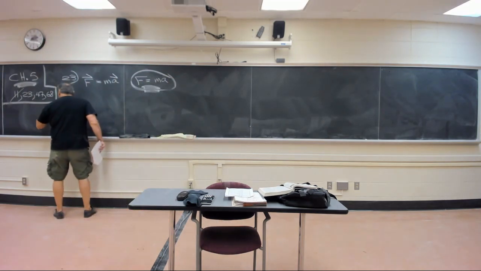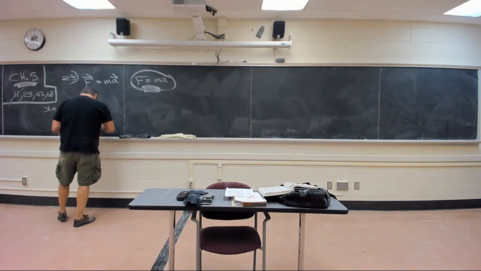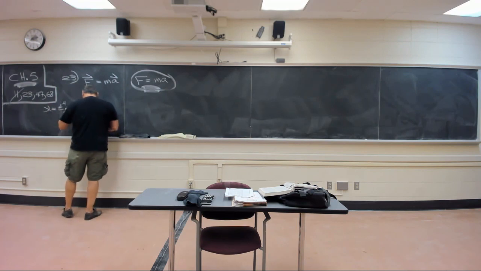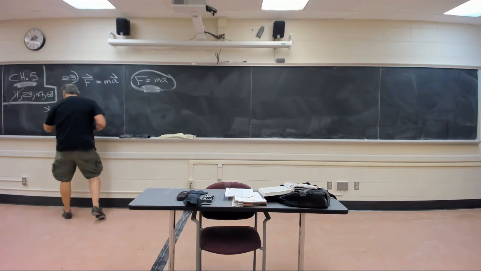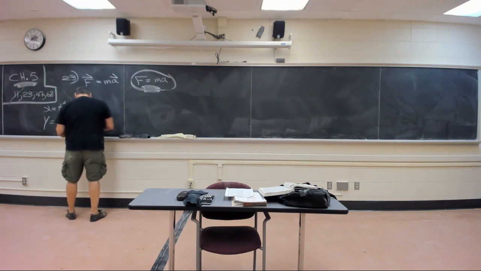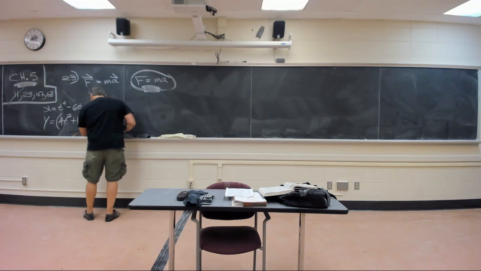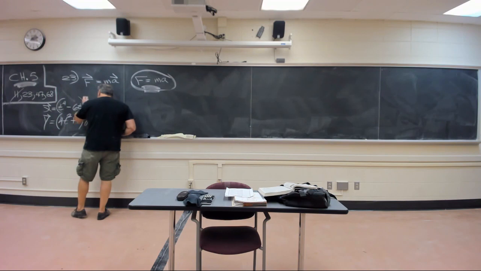I'm going to go a little bit off my notes here. x equals t to the fourth minus 6t, and y equals 4t squared. Obviously there's a j hat here, and here there's an i hat.